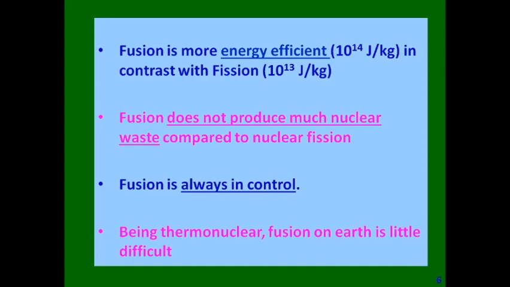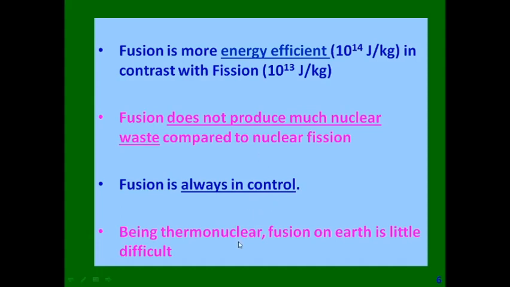If you do nothing, fusion will not happen. If you want to start fusion, you have to do the difficult job of bringing them together. If you are sitting idle, fusion will not happen. So fusion requires something to be done to be sustainable. So it's always in control.